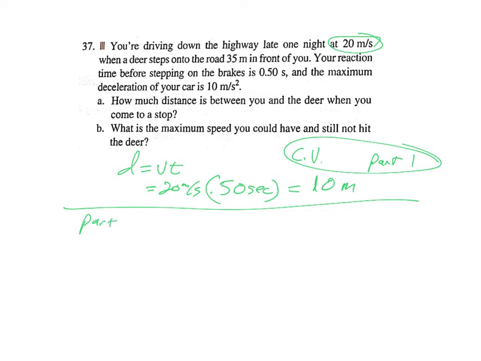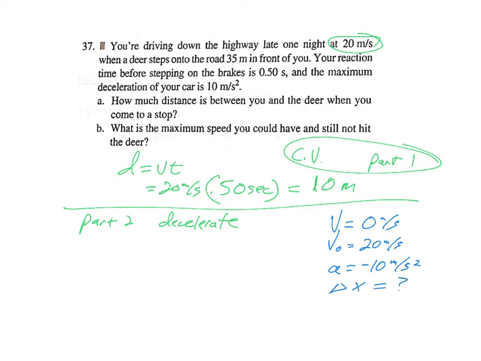Part 2, decelerate. I need to know my distance, and I have a final velocity of 0, an initial velocity of 20. What else do I have? I have an acceleration of 10, or negative 10, because I'm slowing down, and I need to know change in x equals question mark.